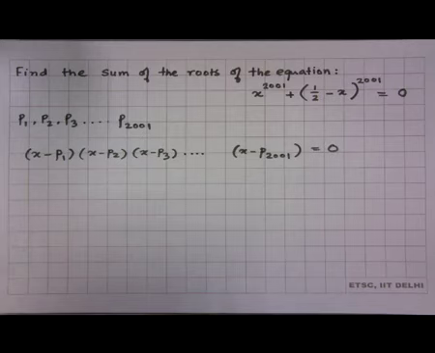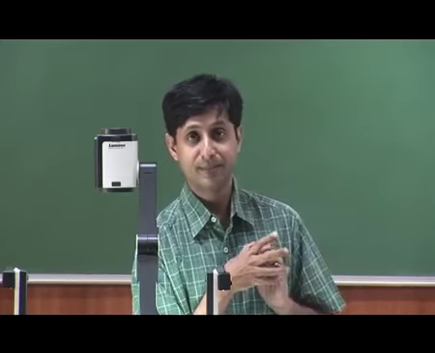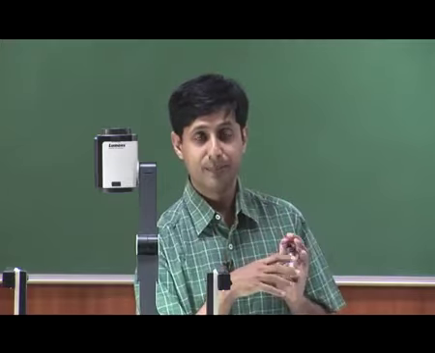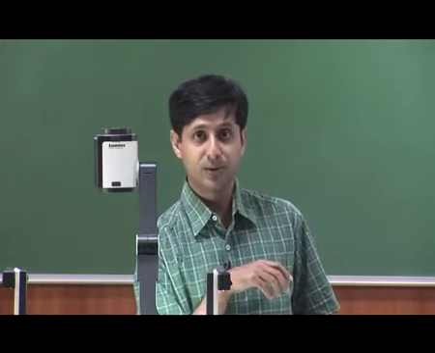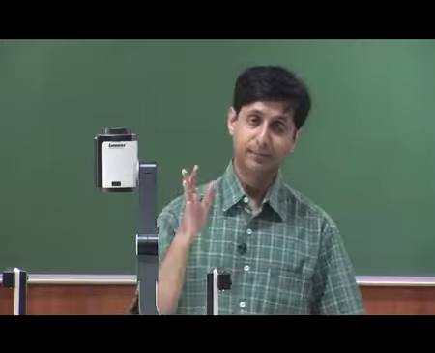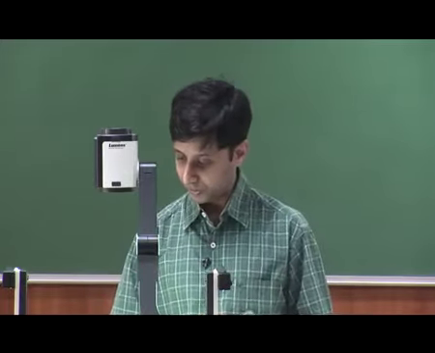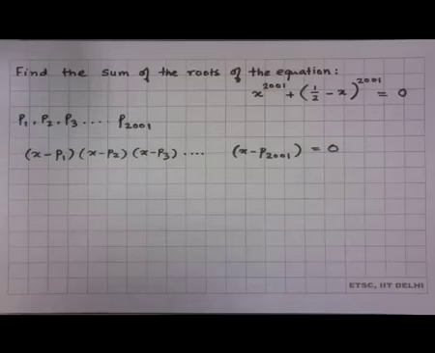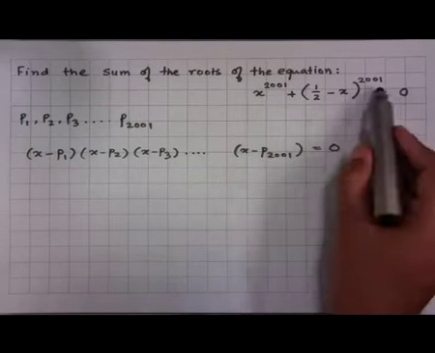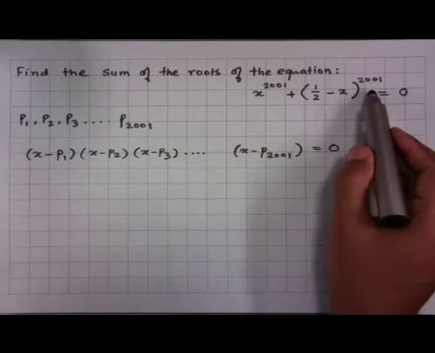Is this reasonable? Maybe, maybe not; we have to check the power of x to the power 2001 in this. Okay, a quick check shows that this is unreasonable. Why? Because x to the power 2001 does not really appear.